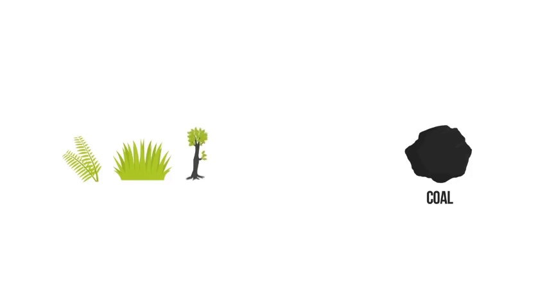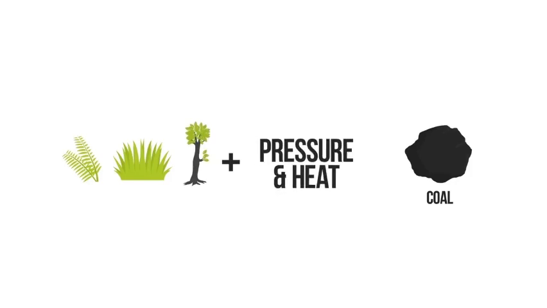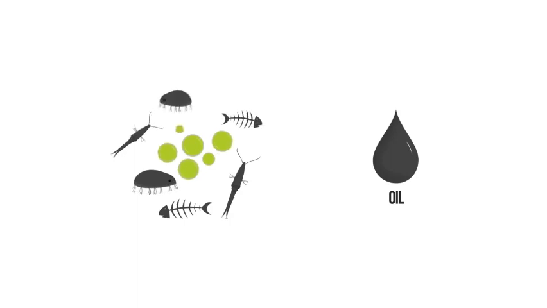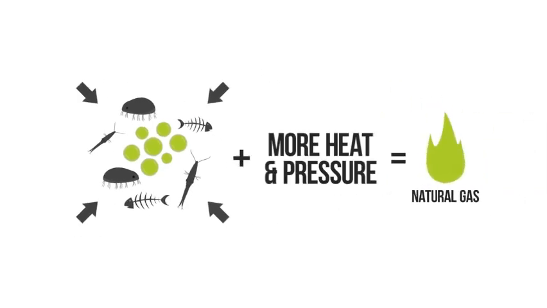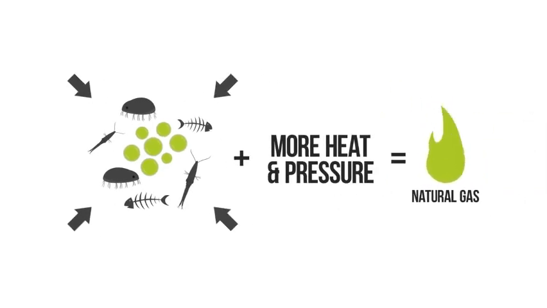At first, ferns, plants and trees plus pressure and heat gave coal, and sea animals due to a huge amount of heat and pressure converted to oil, and by the same process with much more heat and pressure it forms natural gas.